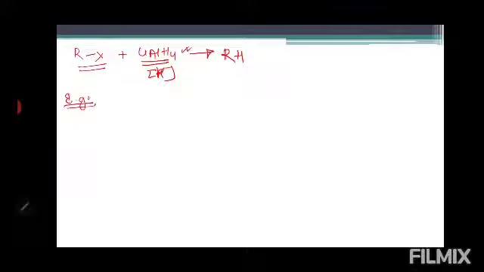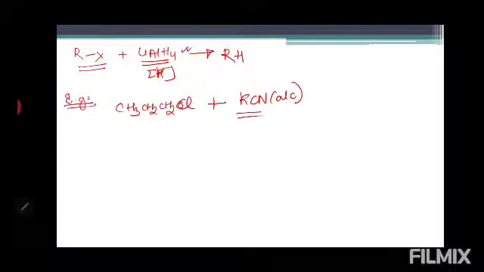Suppose we have CH3CH2CH2Cl. If you react it with alcoholic KCN, what happens? This is very important, also in terms of conversion. Cl will get replaced by CN, so you get CH3CH2CH2CN.